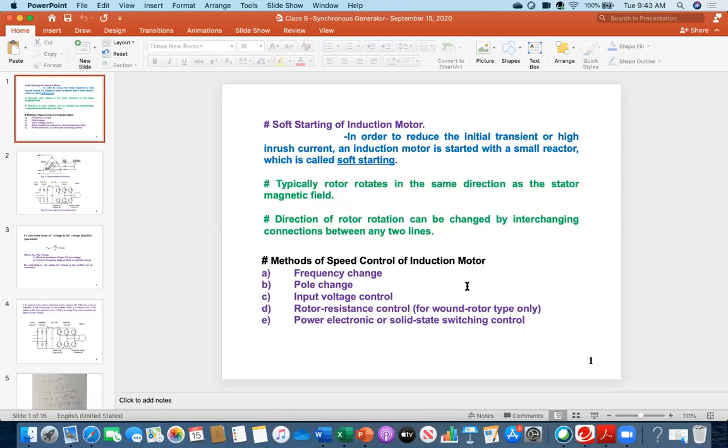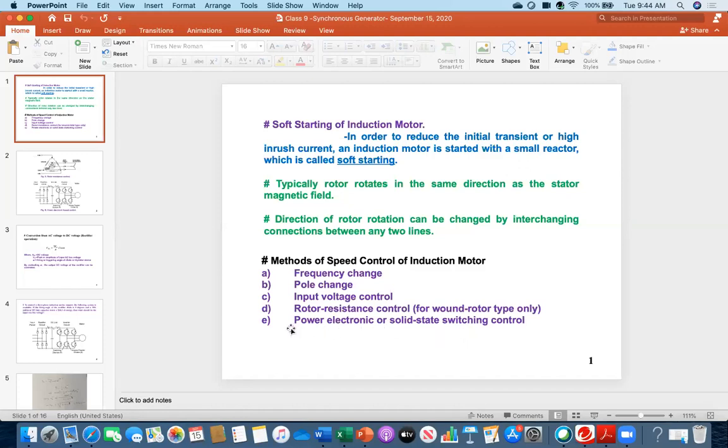Okay, so as you can see, we were discussing these 5 methods: frequency change, pole change, input voltage control, and rotor resistance control, although that is only for the wound rotor type, and power electronic or solid state switching based control. Someone asked the question which one is the most important or most sophisticated.